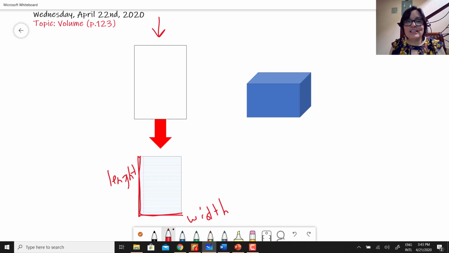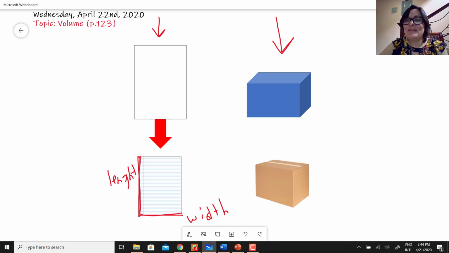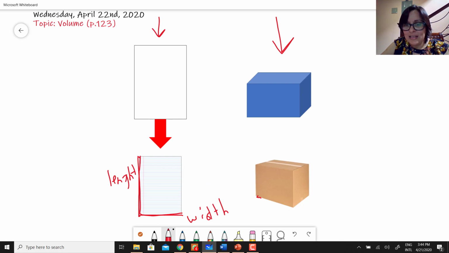But by the other side, we have a cube, a rectangular cube. So what in our daily life can be like that shape? Exactly, a box. In a box, we are going to find that the box has length, lo que mide de largo.